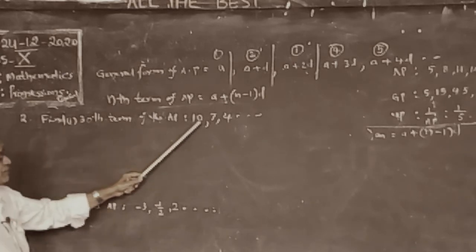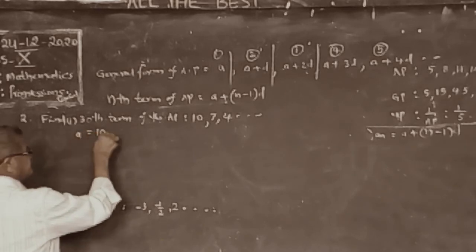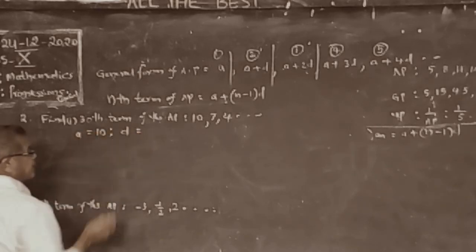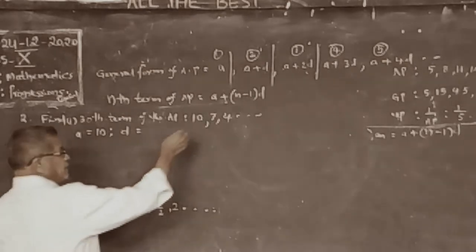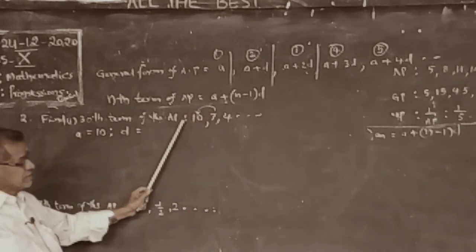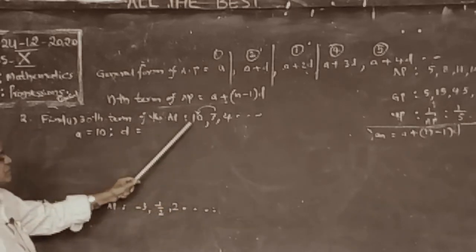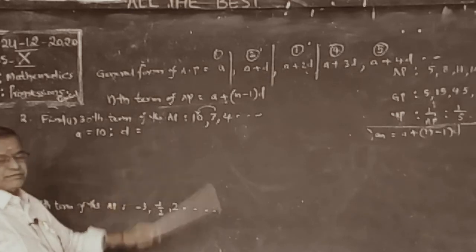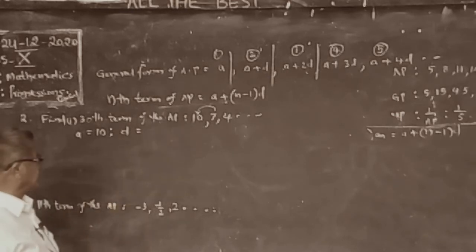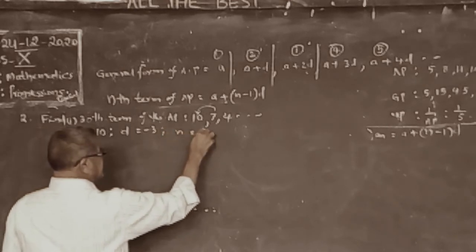From the series we can find A, the first term, 10. What is the common difference D? D is A2 minus A1 always. It is in descending order, so the common difference is 7 minus 10, which is -3. And n is equal to 30.